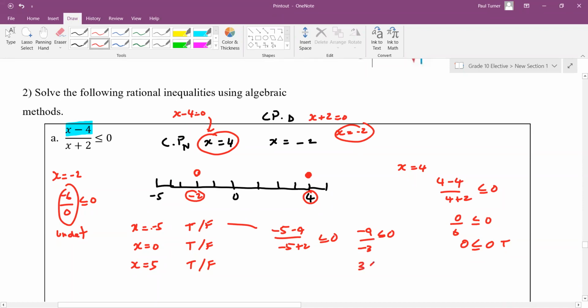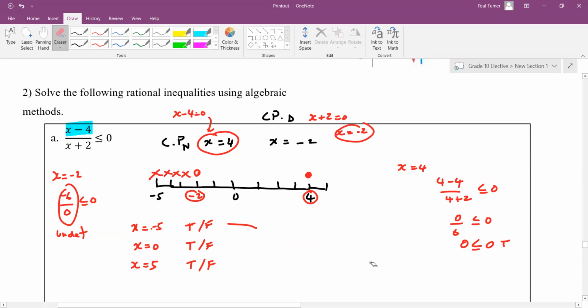Yeah, 3. So 3 less than or equal to 0, which is false. Okay, so this area out here, this is going to be false. It doesn't matter where you check, these other numbers will be false as well.